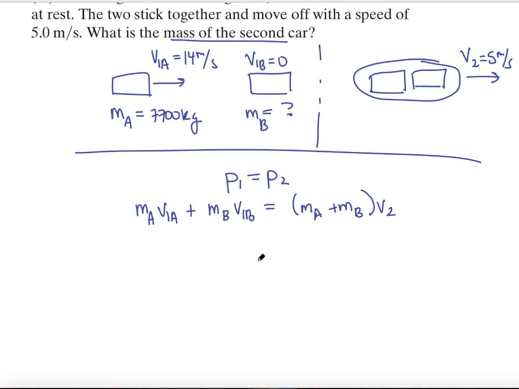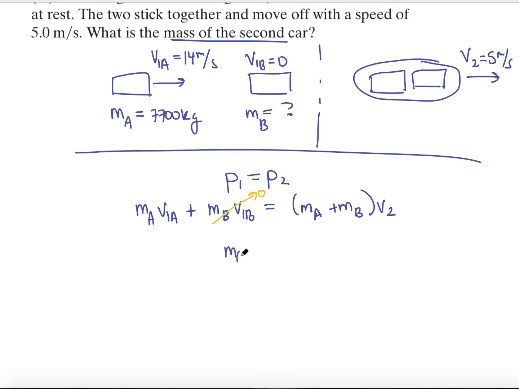And we're going to see that more and more often as we do collision problems. So I can go ahead and get rid of this because there is no initial velocity for car B. And actually, we can solve this symbolically first, so let's go ahead and do that.